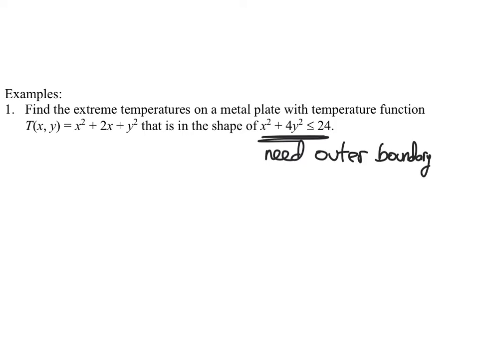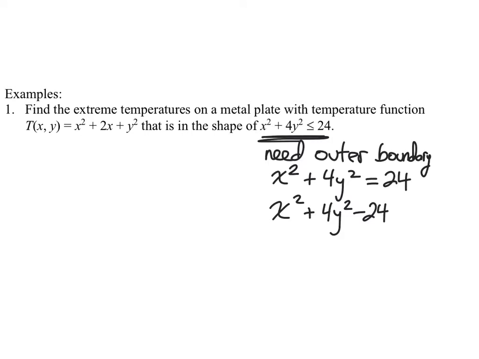All right, so what I'm going to do is rewrite this as x squared plus 4y squared equals 24. All the less than or equal to is telling us is that we're existing within those boundaries, which I think makes plenty of sense. All right. So I'm going to redefine this function by setting it equal to 0. So x squared plus 4y squared minus 24, that's going to be equal to 0.